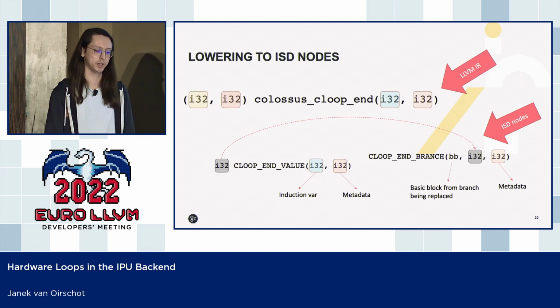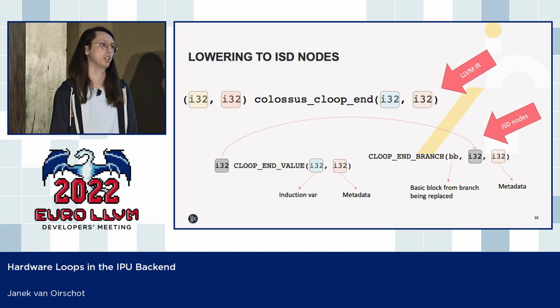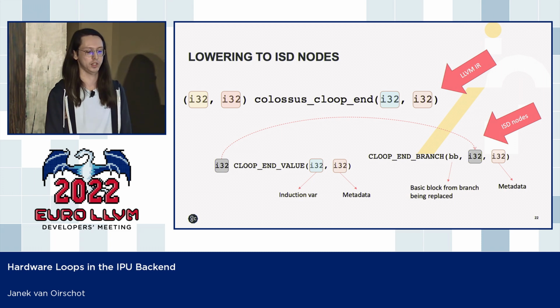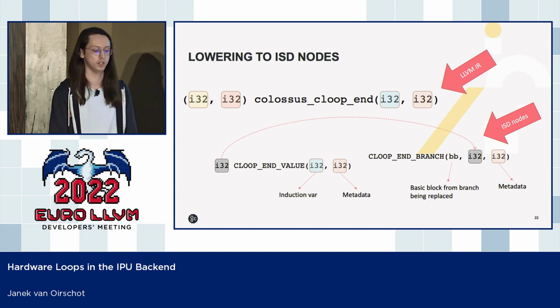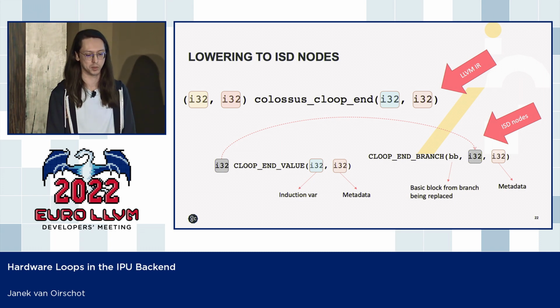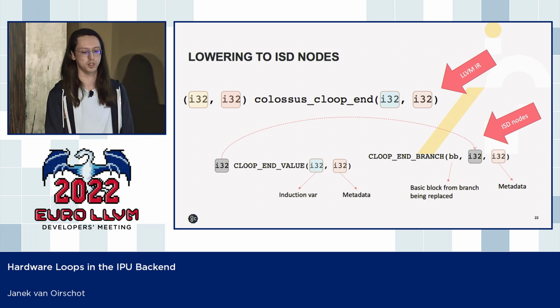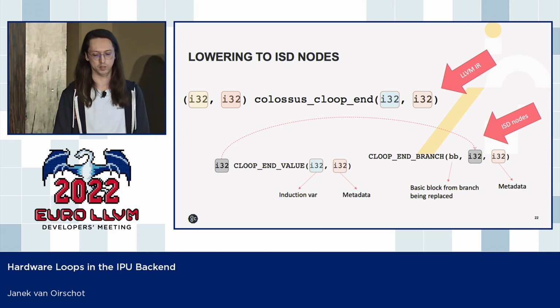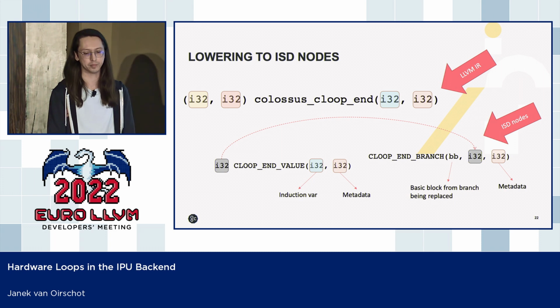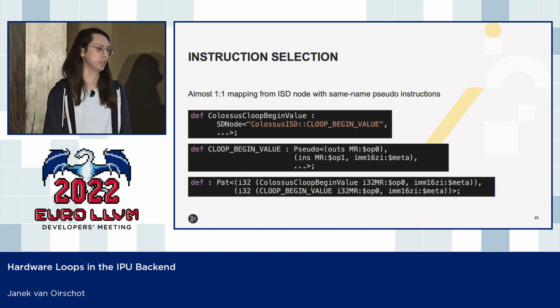Then we have the Colossus C loop end intrinsic, and each of the values in the pair becomes its own ISD node. So we have the C loop end value, which does the decrement and updates the induction variable. And then we have the C loop end branch, which does the branching similar to what we've seen with the guard intrinsic and ISD node. Then afterwards comes instruction selection.